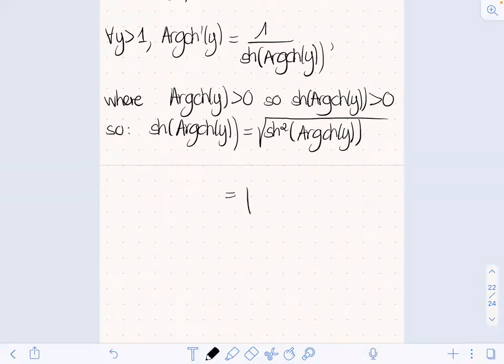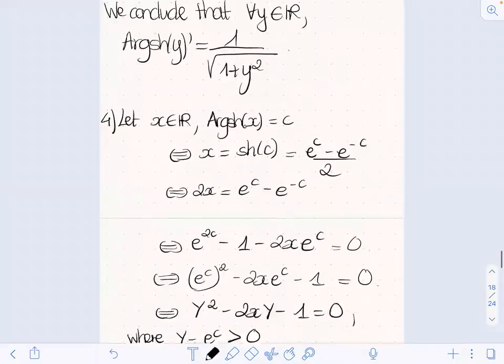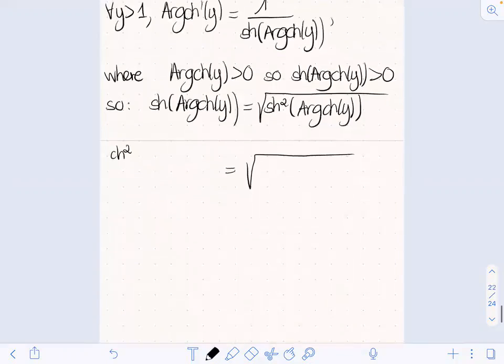So sh squared is, if you use the fact that ch squared minus, I'm going to get this the wrong way around, let me check. Yeah, ch squared minus sh squared is equal to 1. So sh squared is ch squared minus 1. So that's equal to ch squared of argch of y minus 1.